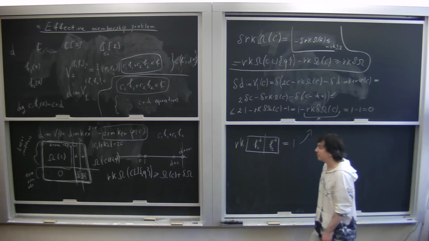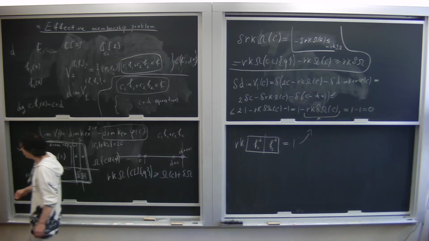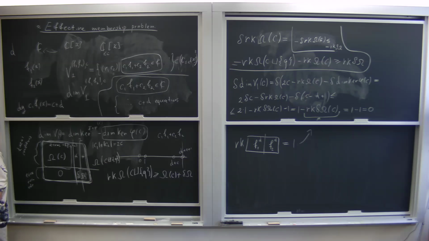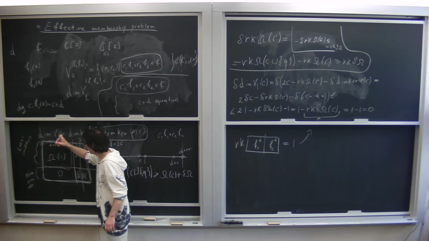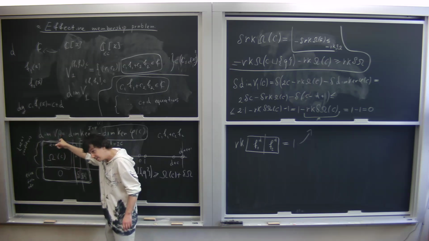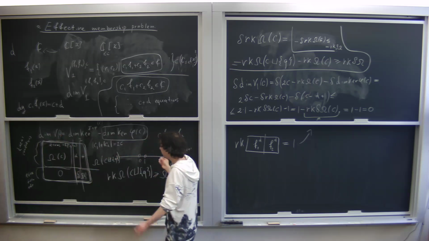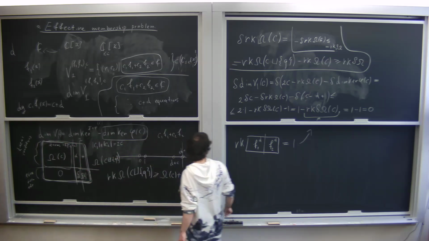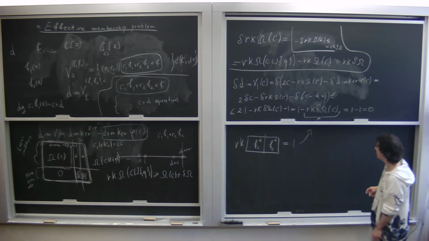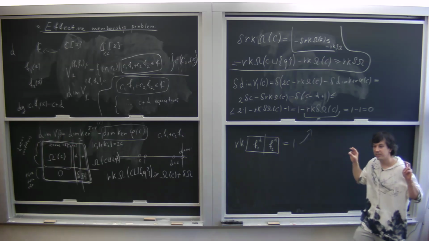What does it mean? That means that once C is big enough, we can show that adding extra terms to C will not change the dimension of this space, because we just estimated its derivative.